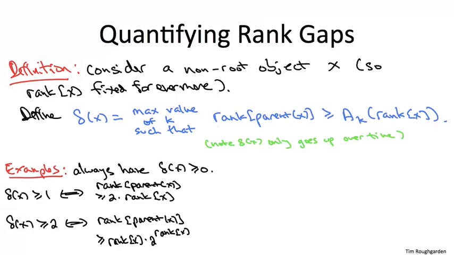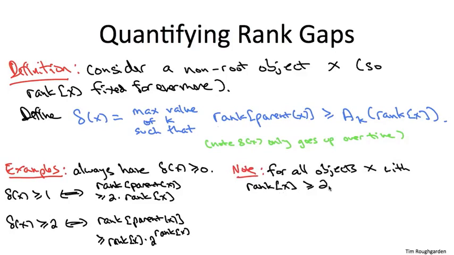One final comment: you'll recall in the Hopcroft-Ullman analysis, the way we defined rank blocks ensured that there weren't too many of them, there were only log star. Similarly here, the way we're defining the statistic delta guarantees that there are not too many distinct delta values that objects can take on. We've already argued that delta is an integer that's at least 0, and we can also bound it from above, at least for any object x that has a rank at least 2, which will be good enough for our purposes.